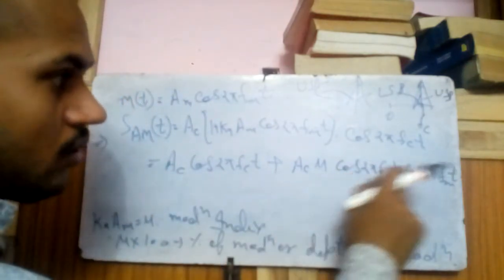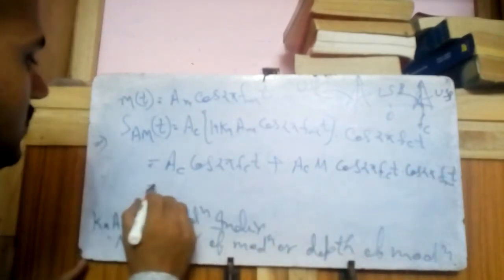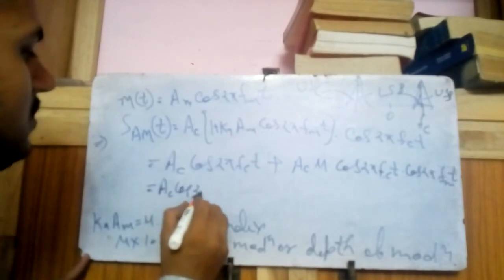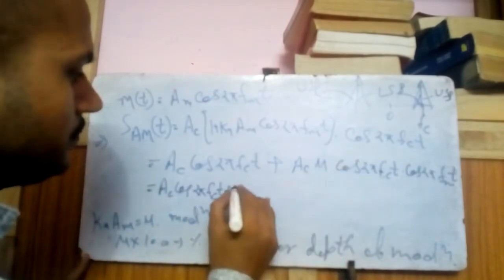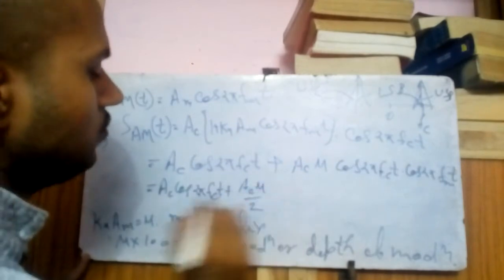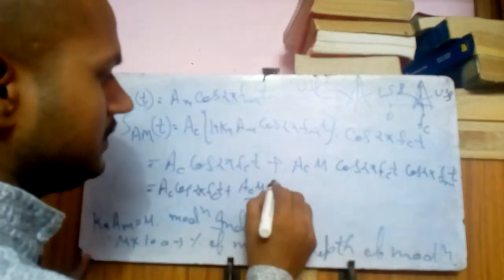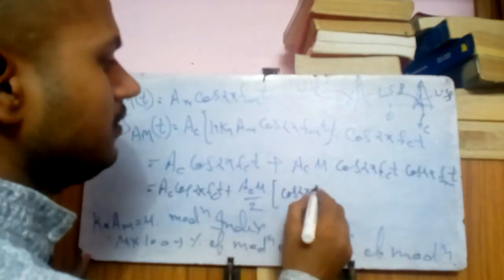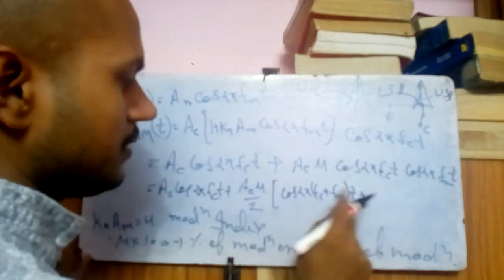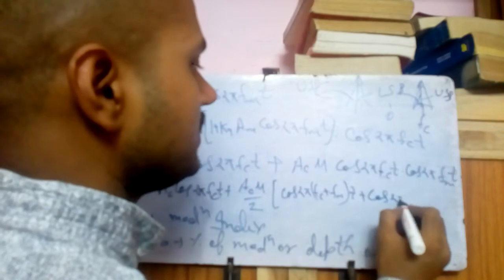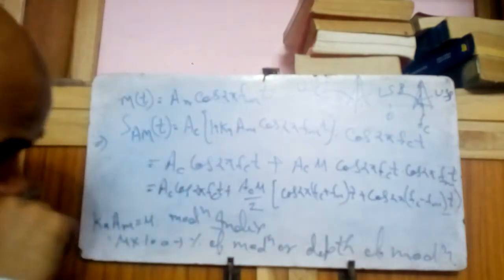So 2 cos A cos B will be cos(A+B) plus cos(A-B). So Ac cos 2πfct plus Ac mu by 2, into 2 cos 2πfct cos 2πfmt, which is cos 2π(fc+fm)t plus cos 2π(fc-fm)t, right?